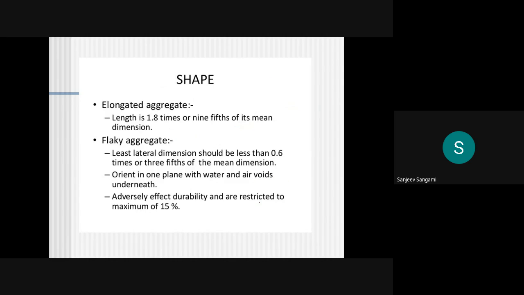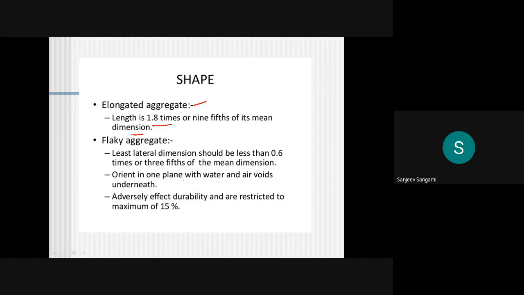Then shape: elongated aggregate has a length almost 1.8 times, or 9/5, of its mean dimension, the average of all the dimensions. Then flaky: the lateral dimension should be less than 0.6 times, or 3/5, of the mean dimension.